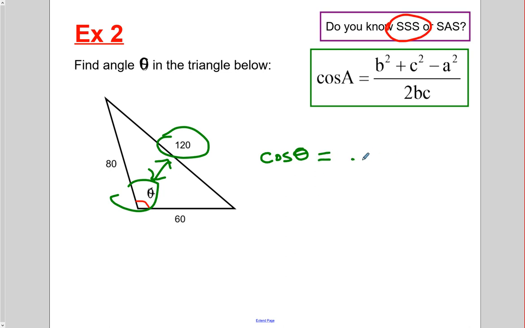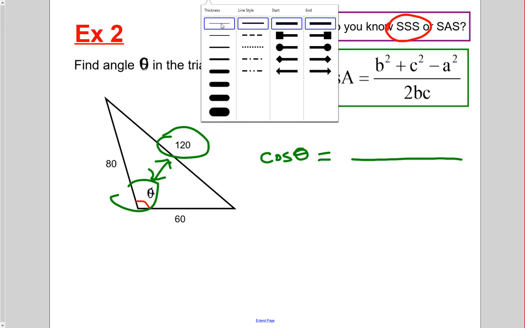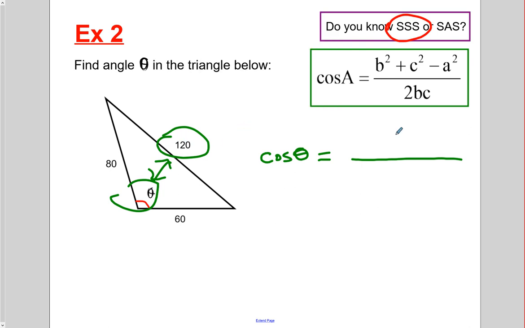And the number that I'm subtracting needs to be the 120, because that's the one that's opposite that angle. I can't put the 80 or the 60 there. It needs to be the 120. So I always do that first to make sure I've got those matched up.